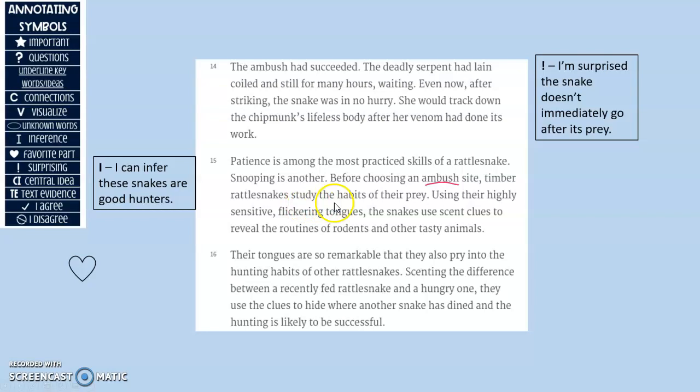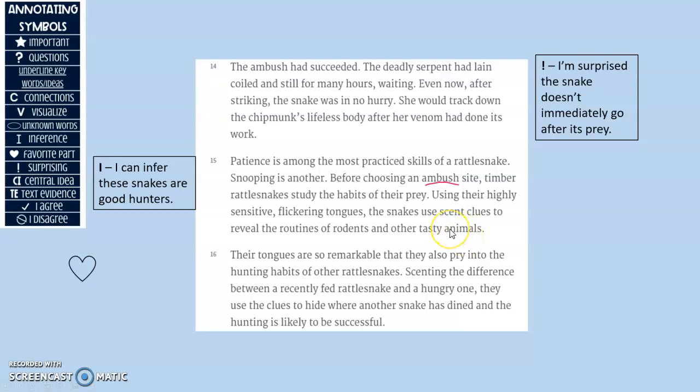It talks about them studying the habits of their prey. They're using their senses, their scent clues. And so I made an inference here that snakes are good hunters. Why is it an inference? It's an inference because the text never says that. The text doesn't say these snakes are really great hunters, but I infer that because of my schema and because of the clues in the text.